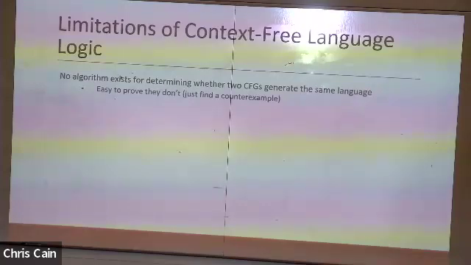At least not without considering all possible grammars, of which there are an infinite number. So that won't terminate either. So that's the big limitation. It'd be very nice if we could answer that question efficiently.